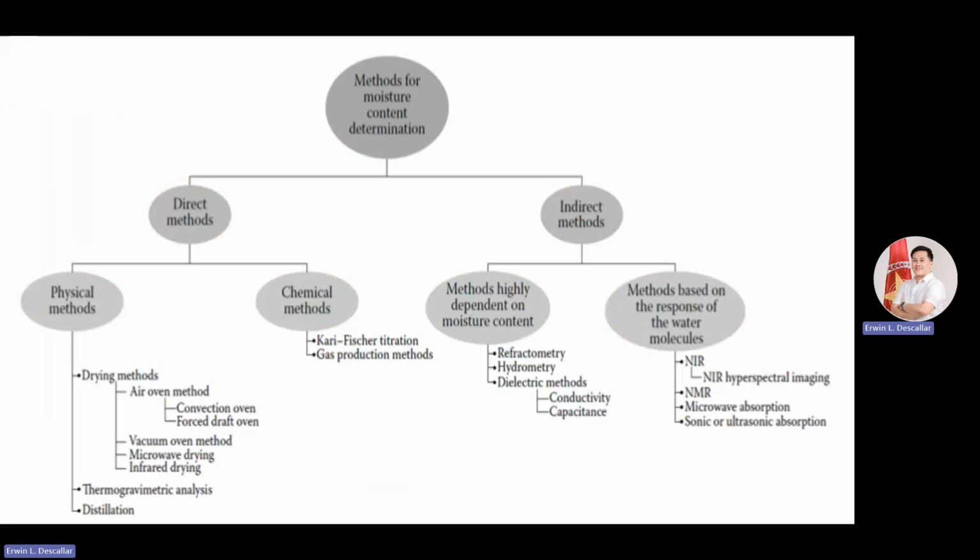It's because you excite the water content present on that particular food sample so that it will be easily released once you subject that sample to, for example, air oven method or vacuum oven method. Para siyang assistive method, additional step, to make the drying efficient, something like that.